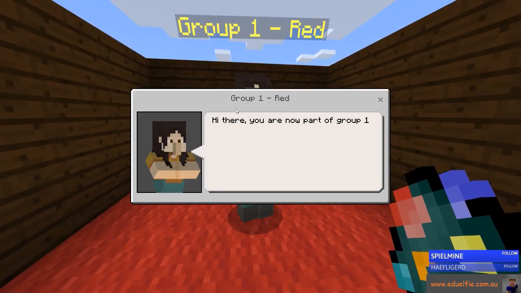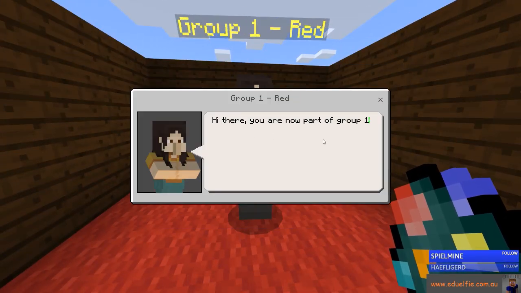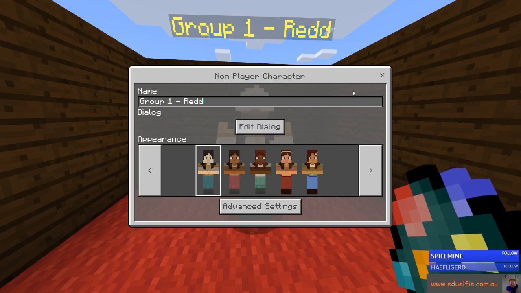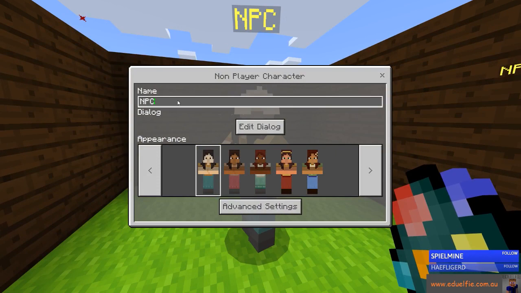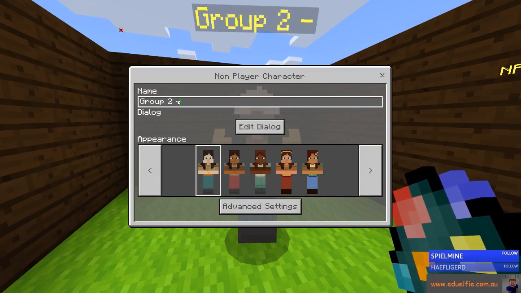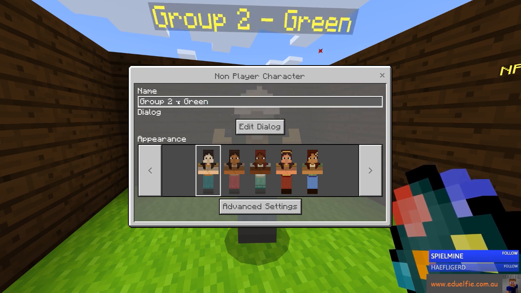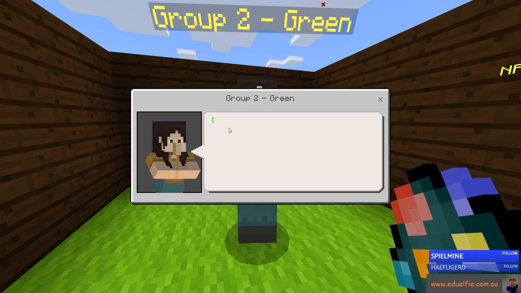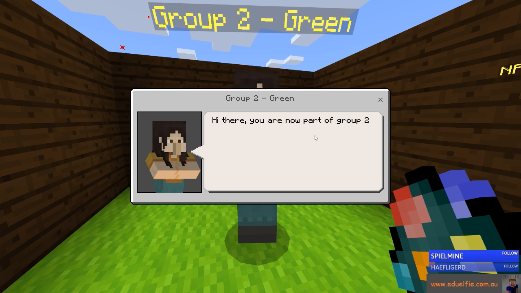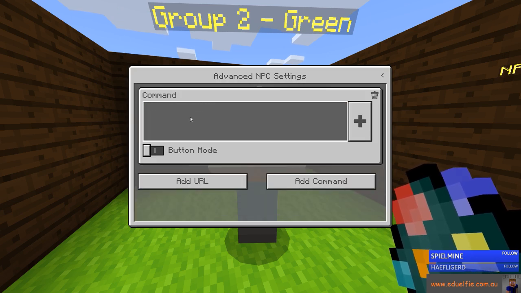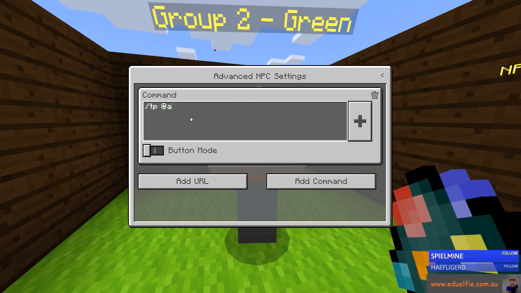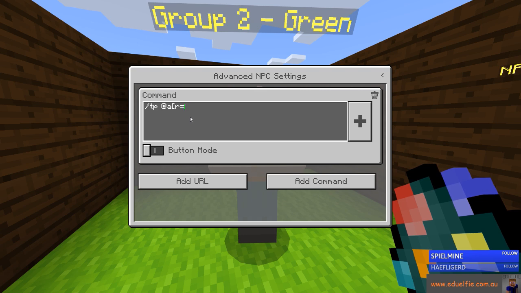Okay, so group 2 green, group 2, add a command /tp at a, it's 3.